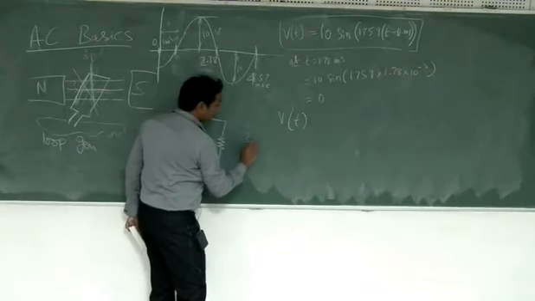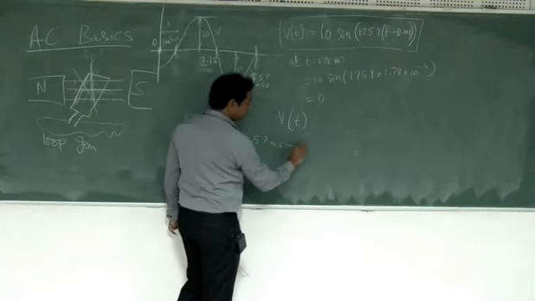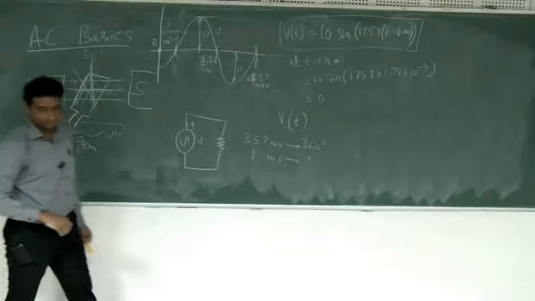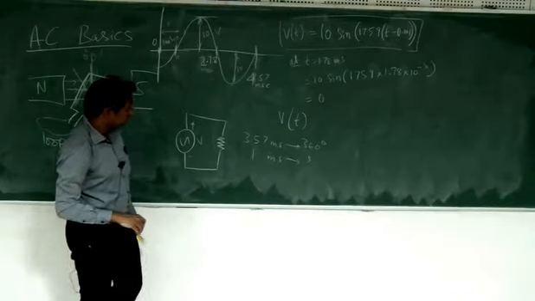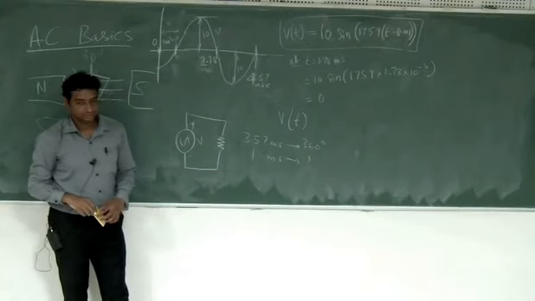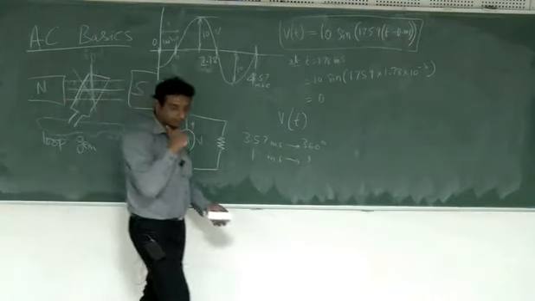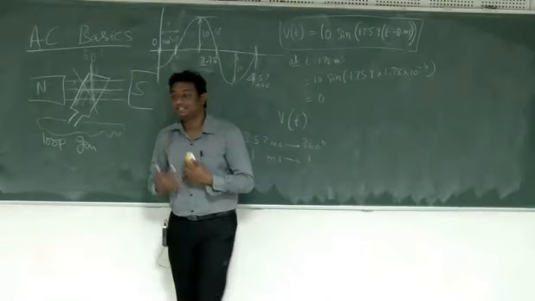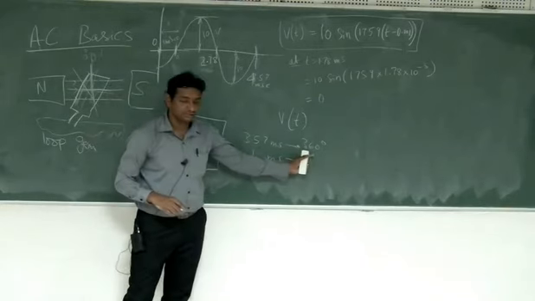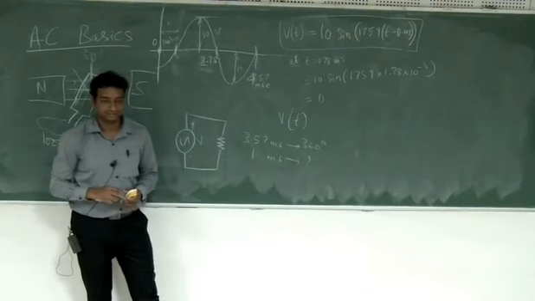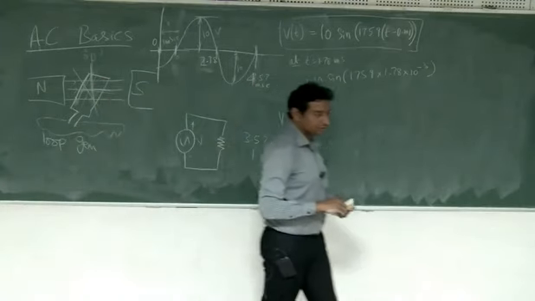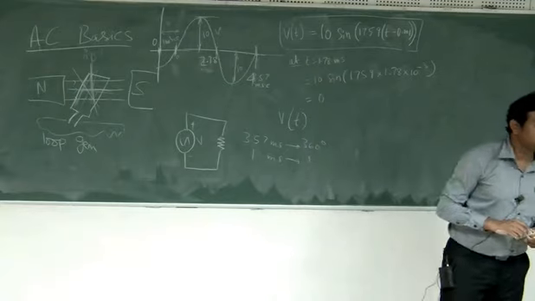See, 3.57 milliseconds represents 360 degrees. 1 millisecond represents how many degrees? I need the exact value. So one answer he told was approximately 120 degrees. Now we'll see how correct his approximation is. Can you just tell, 3.57 milliseconds represents 360 degrees, 1 millisecond represents how many degrees?